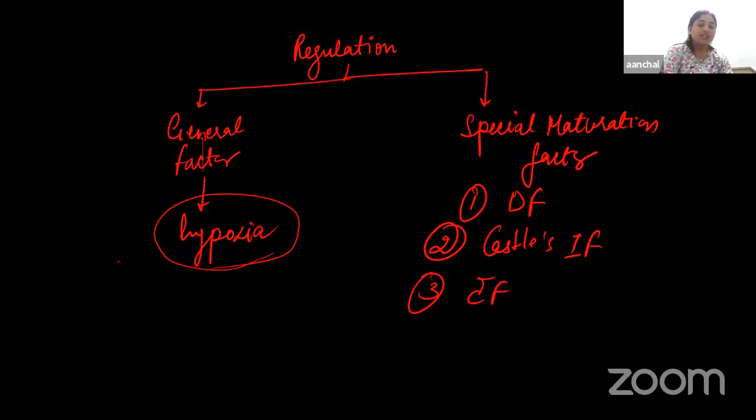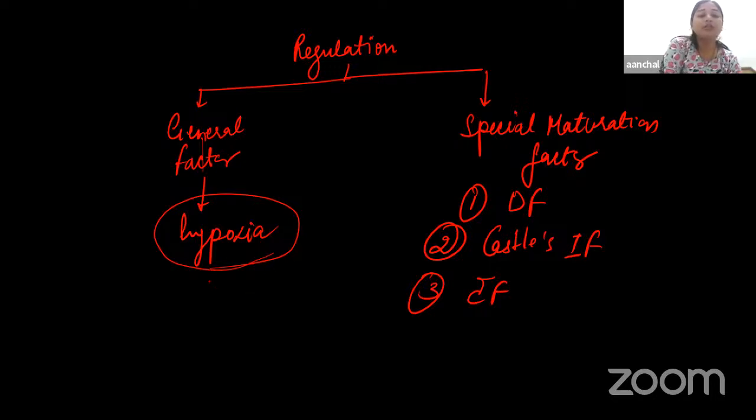Now what is hypoxia? Hypoxia means the deficiency of oxygen at the tissue level, right? Hypoxia is the most potent stimulus for the production of RBC. Hypoxia will stimulate the bone marrow for the production of RBC, right? How?